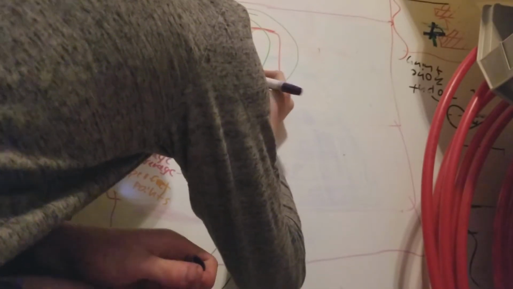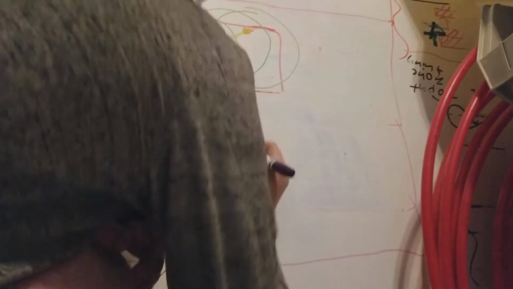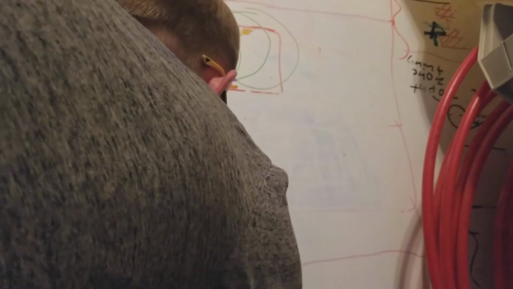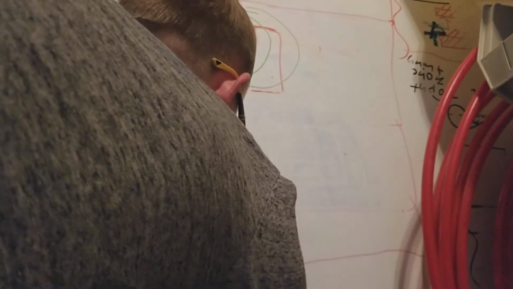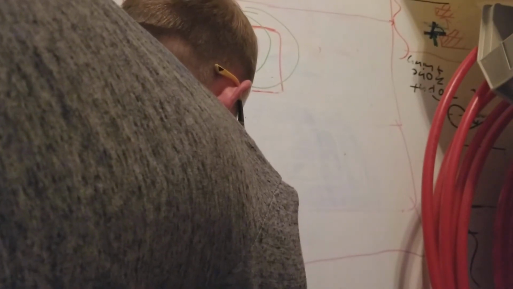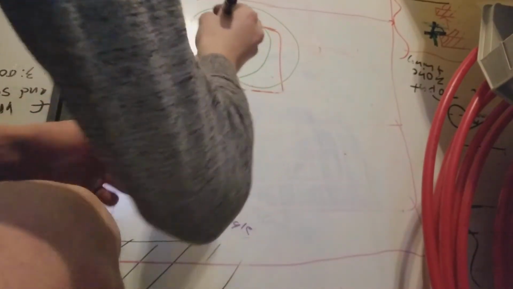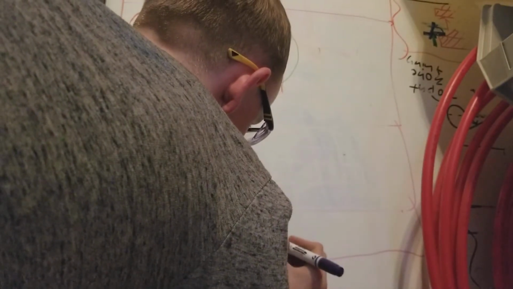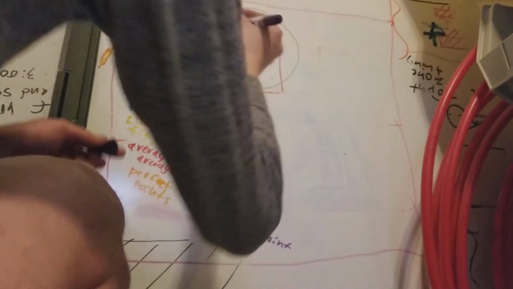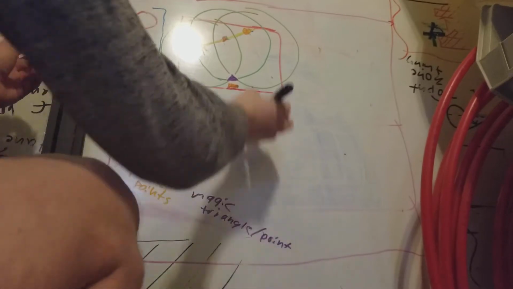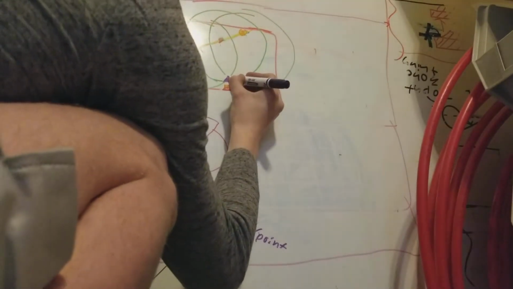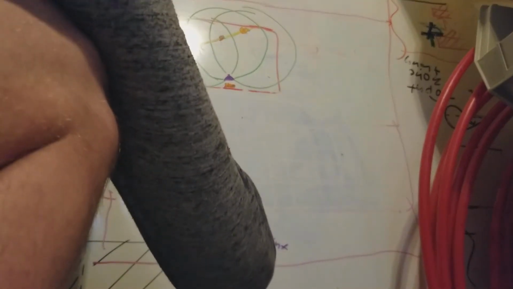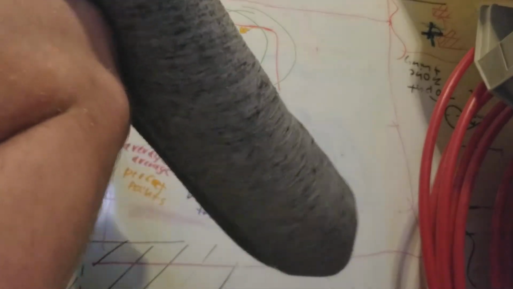The magic triangle, which is now purple, is in the center of all these and has a point. Because I'm running out of colors, I'll just make it the magical triangle / point, which gives us this central point here, which is where our camera is.